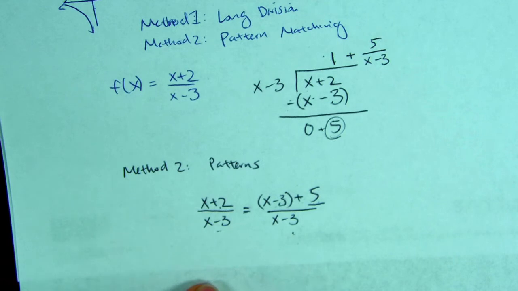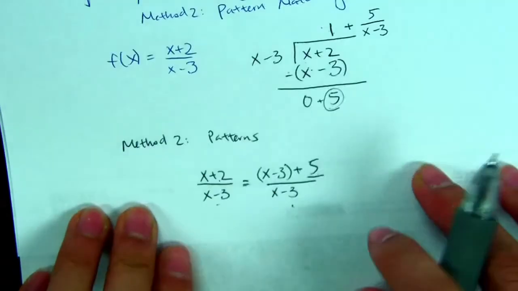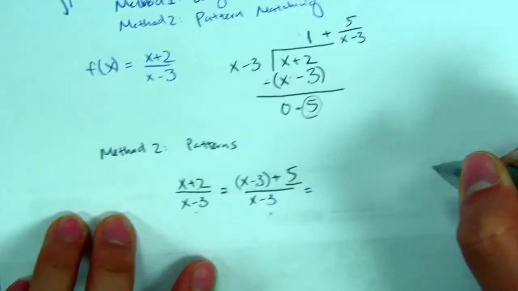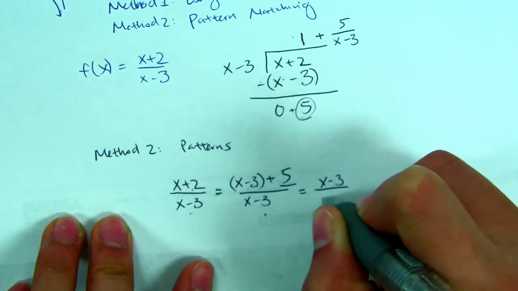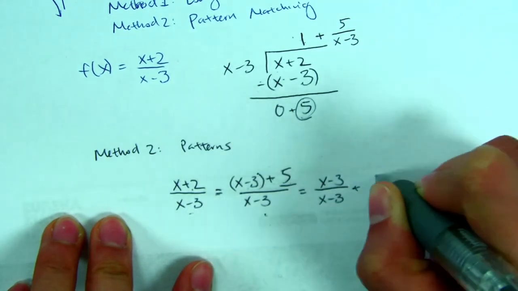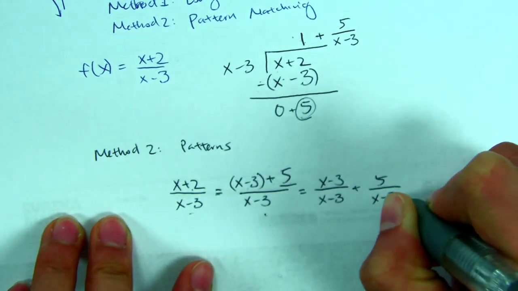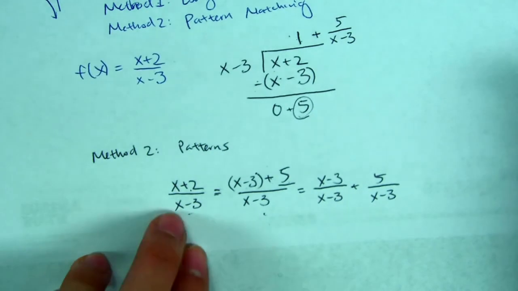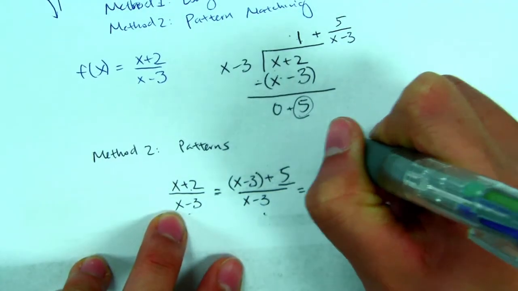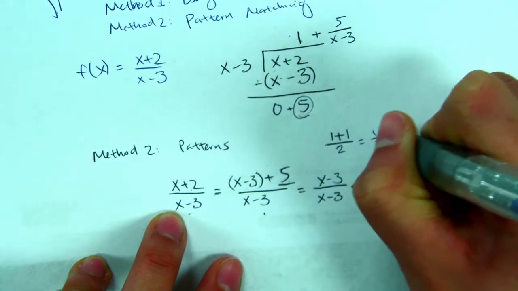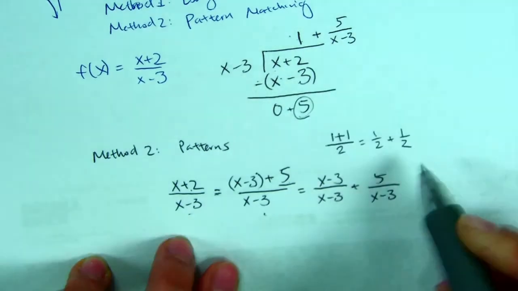Okay, so that means I can rewrite this as two fractions: x minus 3 divided by x minus 3 plus 5 over x minus 3. And the reason why I can do that is the same as why I can rewrite 1 plus 1 over 2 as 1/2 plus 1/2. I'm just splitting up the fractions here.